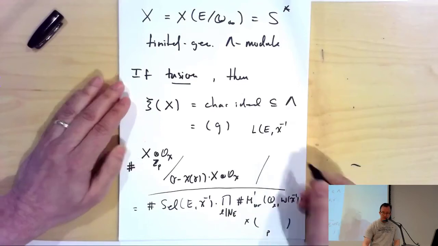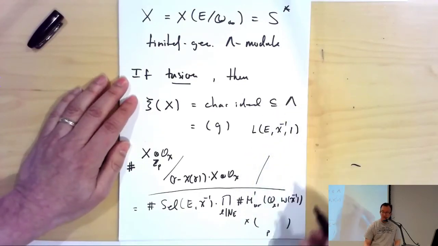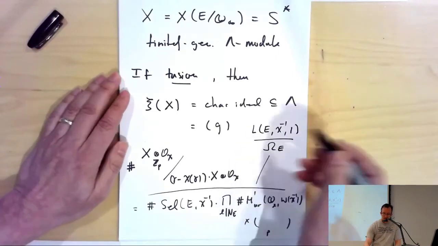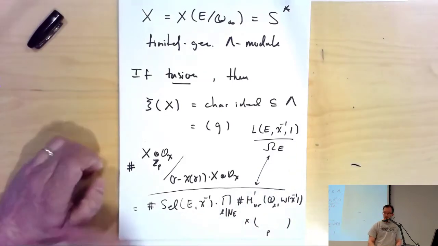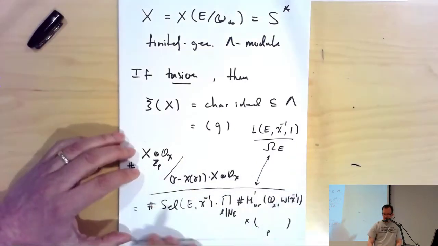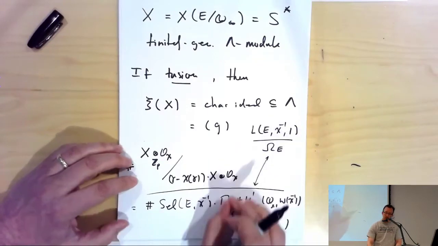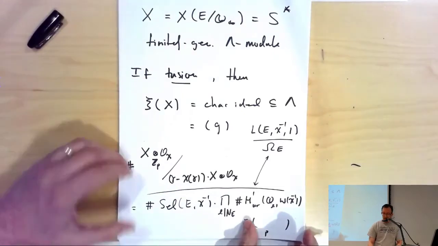So the twisted L function of E, twisted by the character chi inverse, evaluated at the central critical value, normalized by a period, and one expects that these are closely connected. That this should be giving me roughly the p part of this number, the special value.